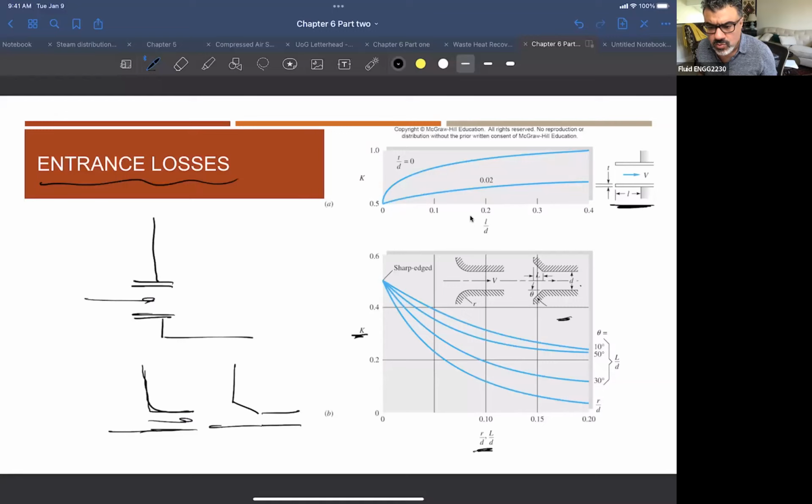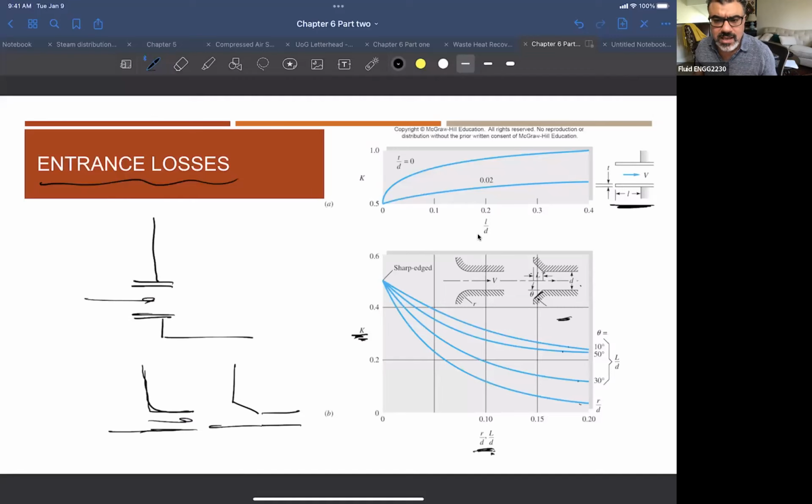So what is the diameter here, what is this L over this D, and find out K at a different theta, a different angle here, right? So thousands and thousands of charts talk about how to determine the loss coefficients, but at the end, it is a very simple problem.